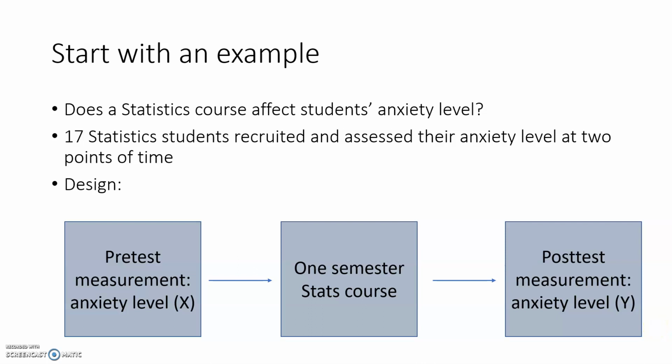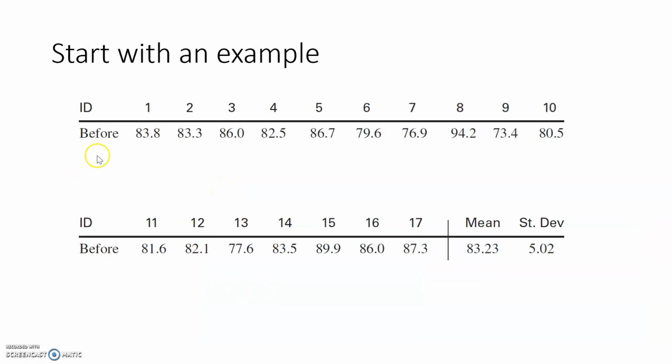So again, we are doing a before and after comparison, and each student will provide 2 data points. One is pre-test, and the second one is post-test. Okay, and here are the results for the pre-test. We can see that we have 17 students here, with IDs from 1 all the way up to 17.